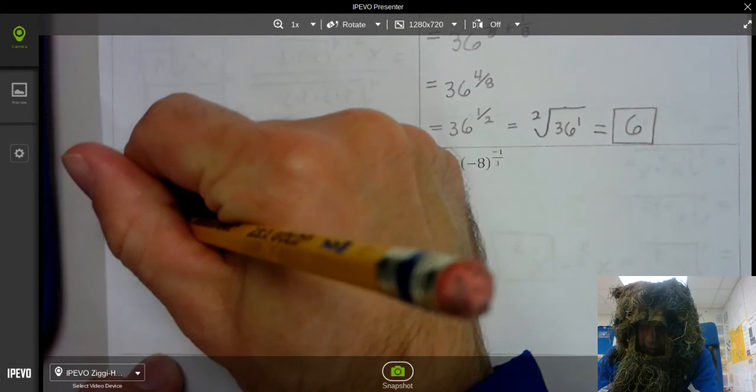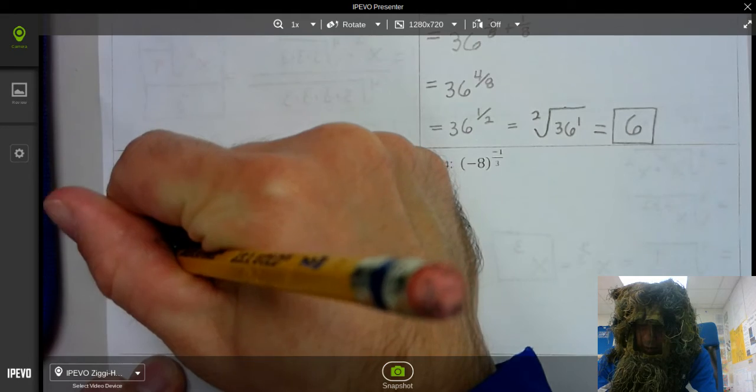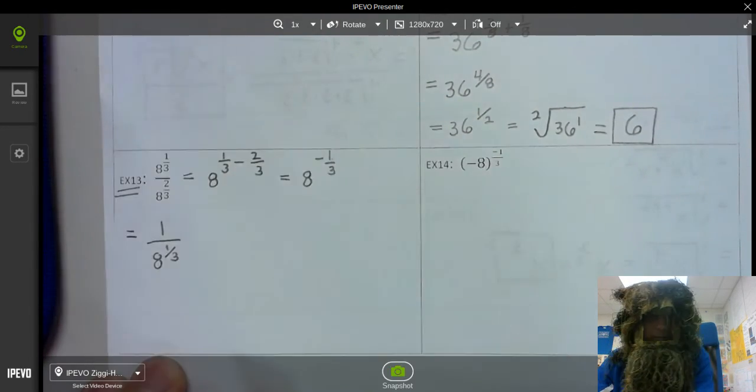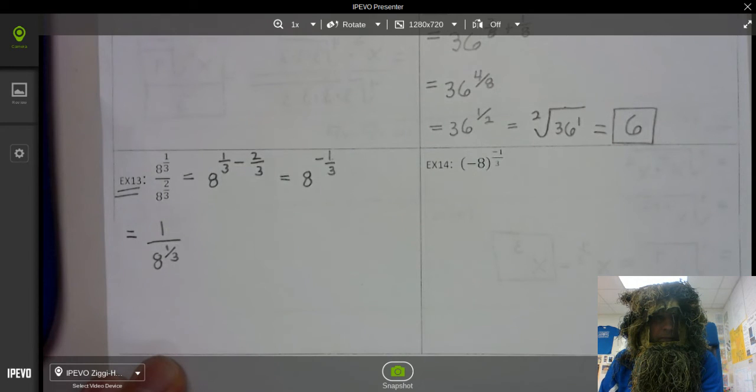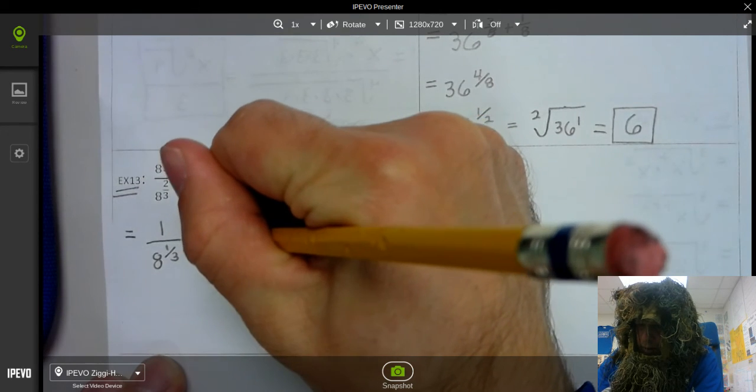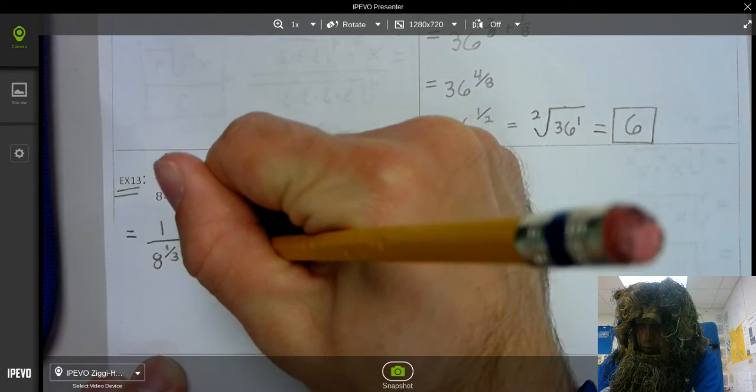So this is rewritten as 1 divided by 8 to the 1/3, which becomes 1 over the cube root of 8.